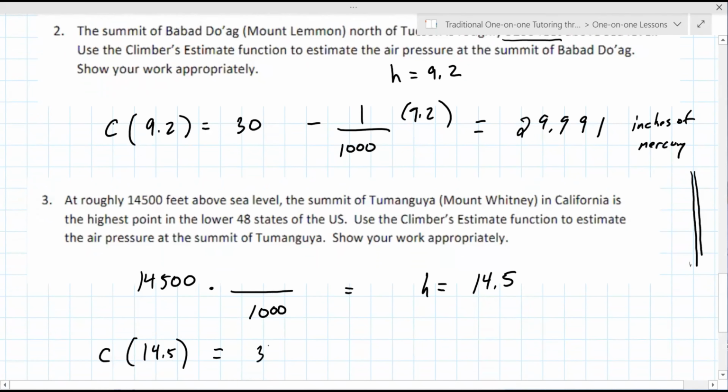So it's going to be 30 minus 1 over 1,000 times 14.5, which really isn't that much different than what we just did. It's going to be pretty insignificant. It's going to be 29.985 inches of mercury.